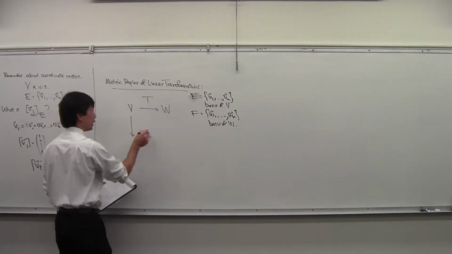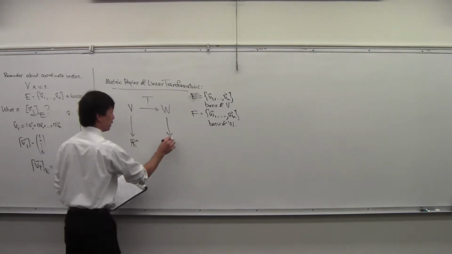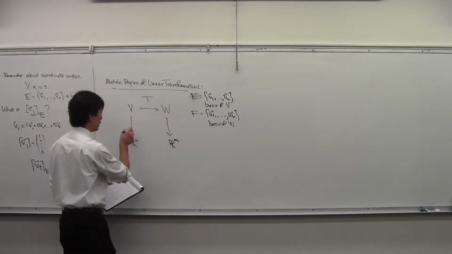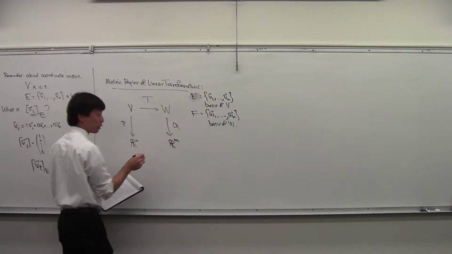You have the coordinate vector maps going from there to there, and I think we call these guys P and Q.